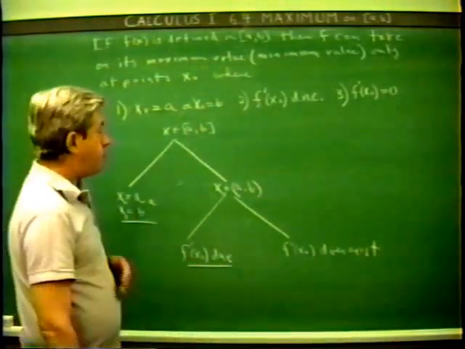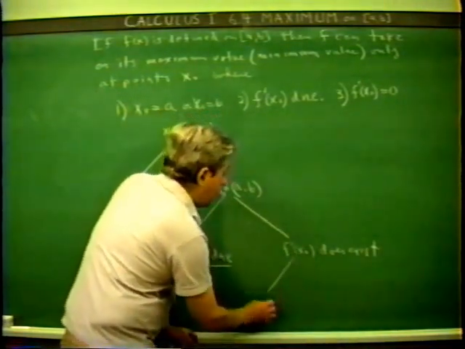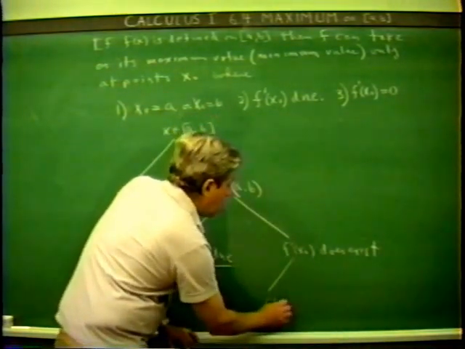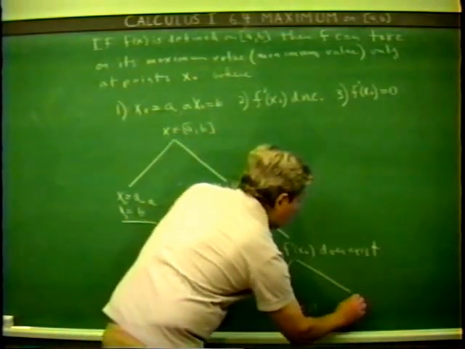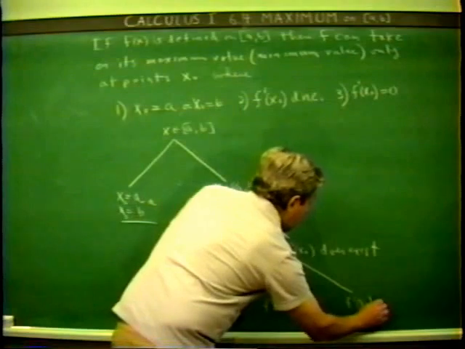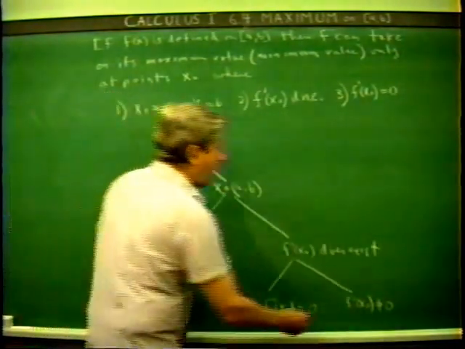This is one of the possibilities. And if the derivative does exist, there are two possibilities: the derivative at x naught is equal to 0, or the derivative at x naught is not equal to 0.